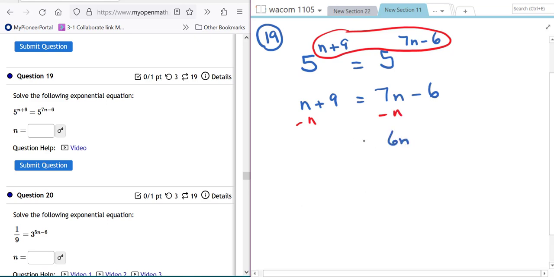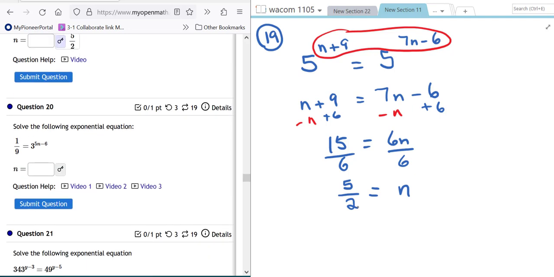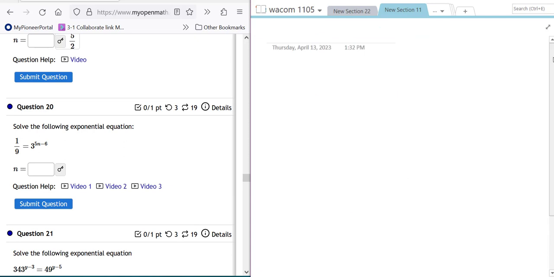So I have 6n, and I'm going to add a 6. And then we will divide by 6. We will need to reduce here. Common factor of 3. 3 will go into 15 5 times, 3 into 6 will go 2 times. And you can use your calculator to do that if you have any issues. All right, 20.